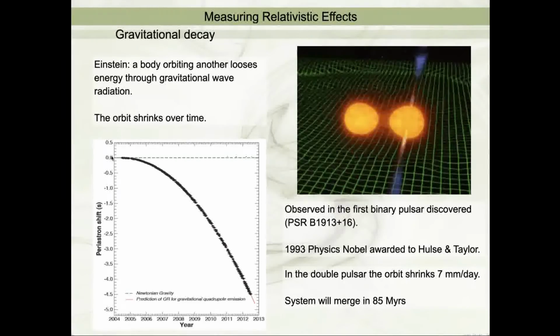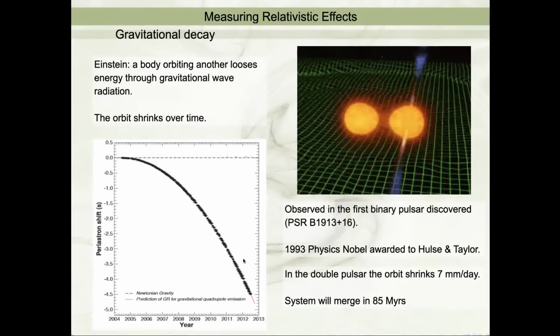If you look at the difference compared to no change in the orbit, the line here would be no change, 0. And then what you observe is that the object comes back earlier and earlier.